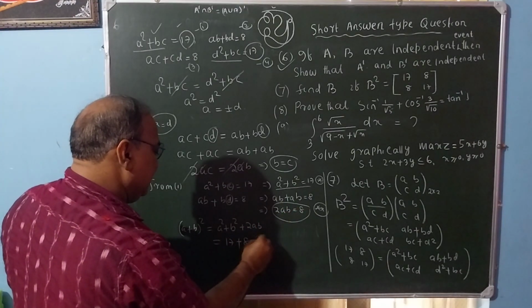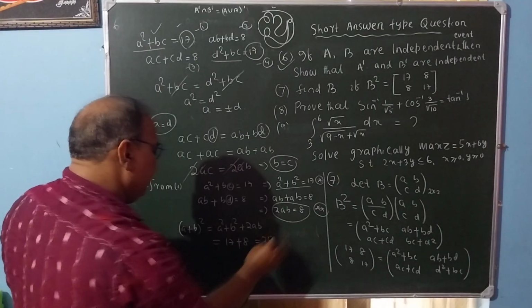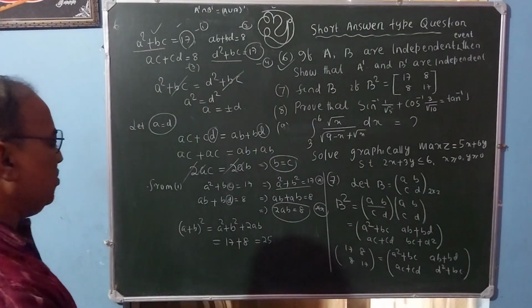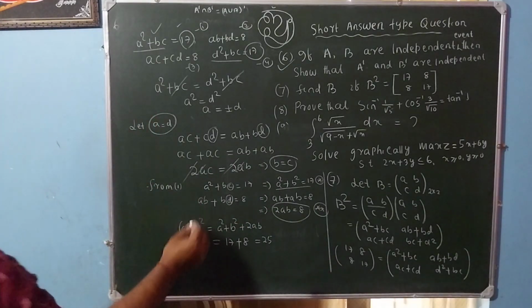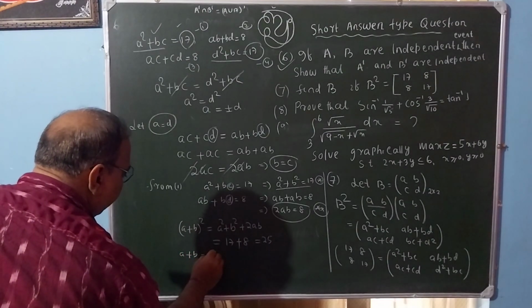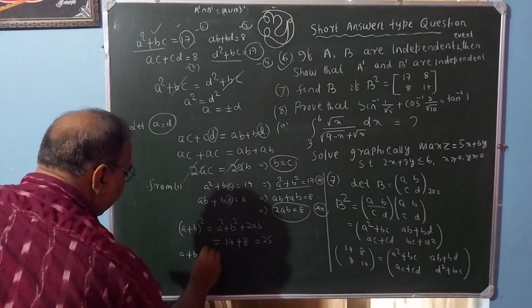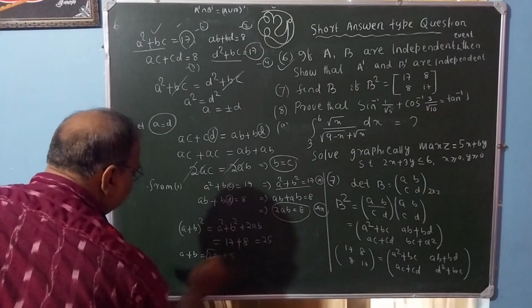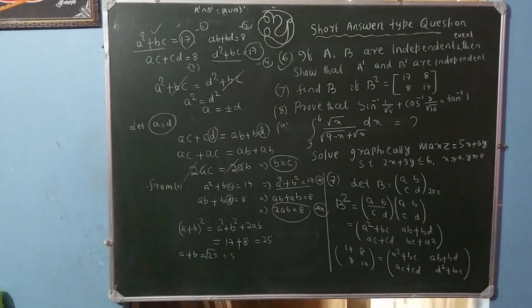So that is 25. A plus B whole square is equal to 25. So what is the value of A plus B? A plus B is coming out root over 25, that is 5.